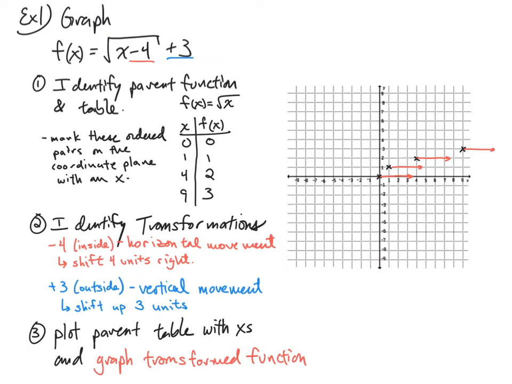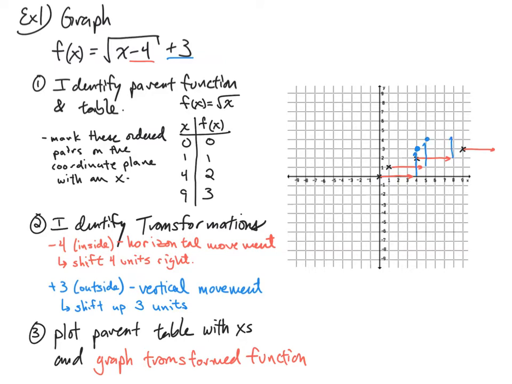That's fine, 4 units. Then what we do is we take all of those points, and after moving them 4 units to the right, we're going to move them up 3 units. So I'll move it up 3 units, and I can start plotting my points now. Up 3 units, there's the next one.